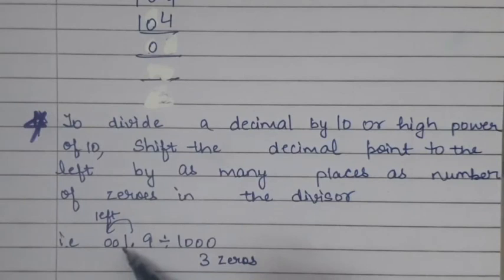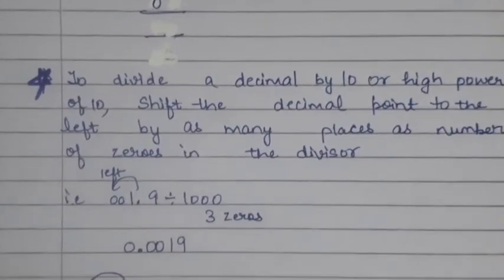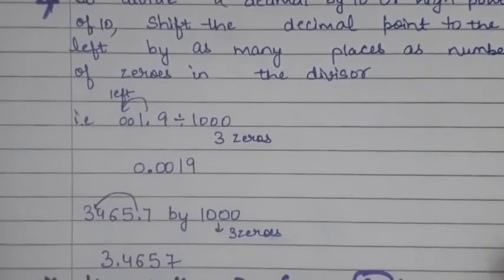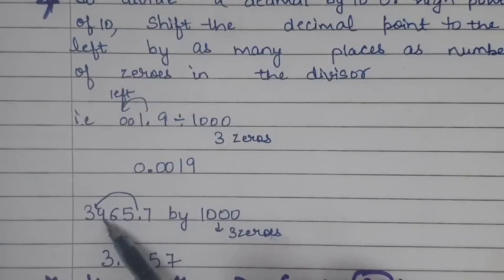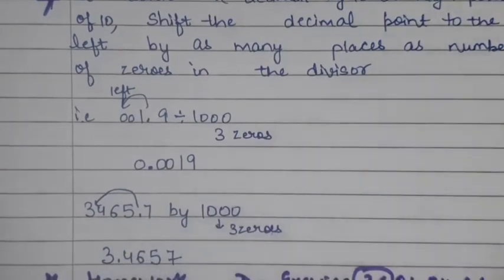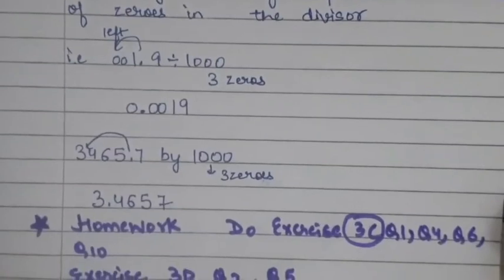Now 3 digits are covered, so we write here point, that is decimal, 0.0019. Now next we have to divide 3465.7 by 1000. Again there are 3 zeros, so shift the decimal towards left by 3 digits. What we get? We get 3.4657.